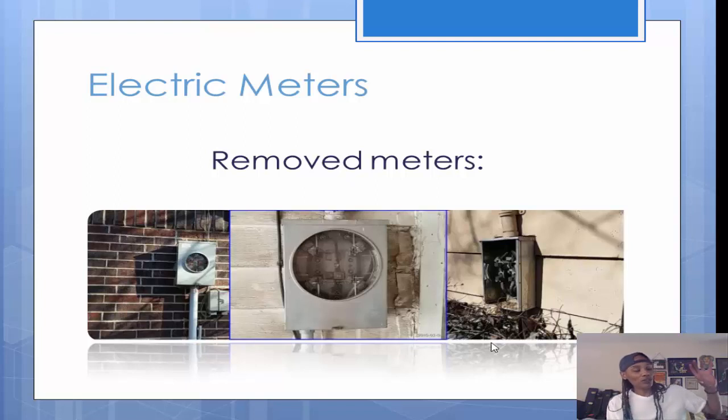However, there may be a newer meter installed somewhere else. It's usually close by, so make sure you're looking around for any kind of meters, because you will run into situations where you'll have an empty box, but the electric company has relocated the meter somewhere else. So make sure that you are paying attention to that as well.